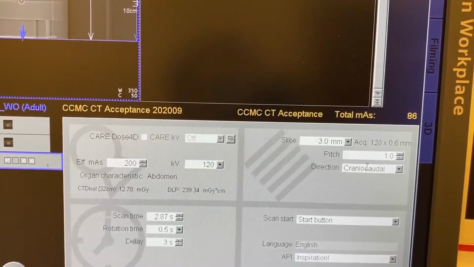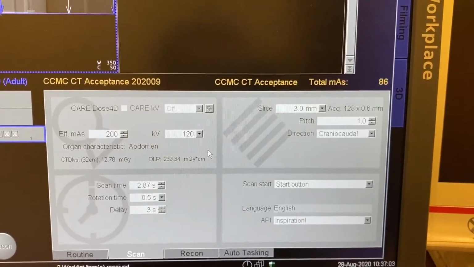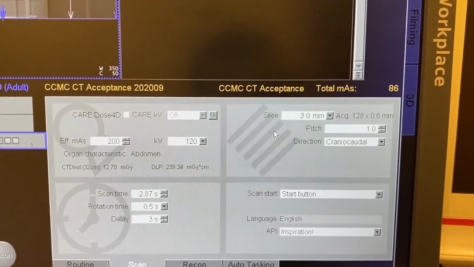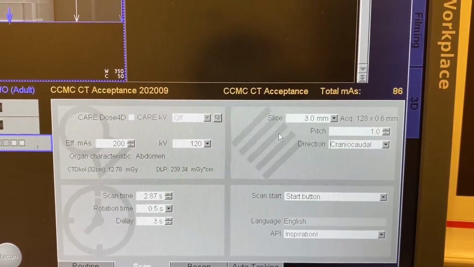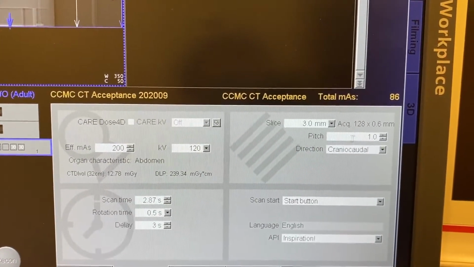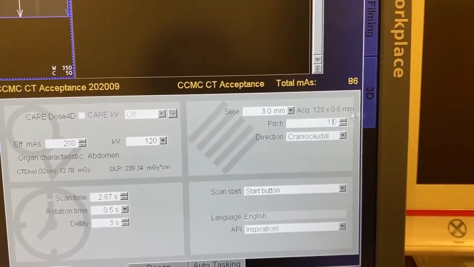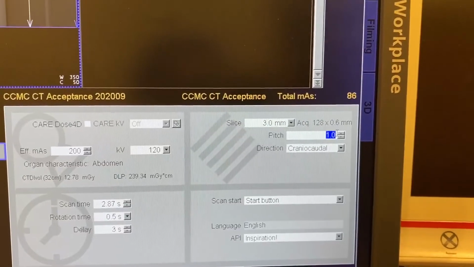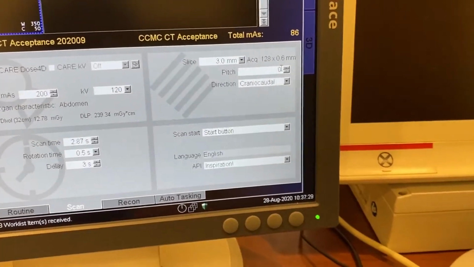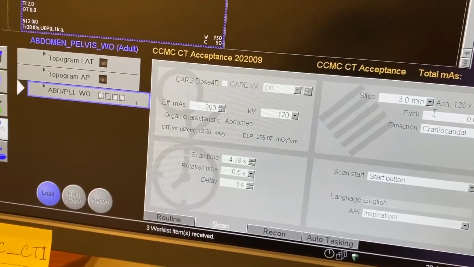So this is a Siemens way of prescribing the parameters, and it's actually quite convenient. So what we want is 120 kVp, 200 effective mAs, and a pitch of 0.6, because I always want to have a constant protocol so that I can compare different scanners.